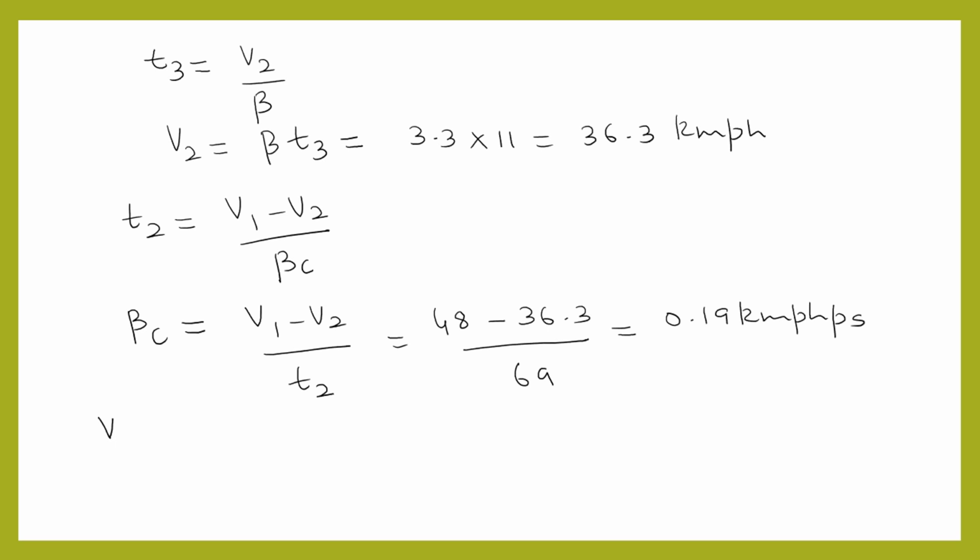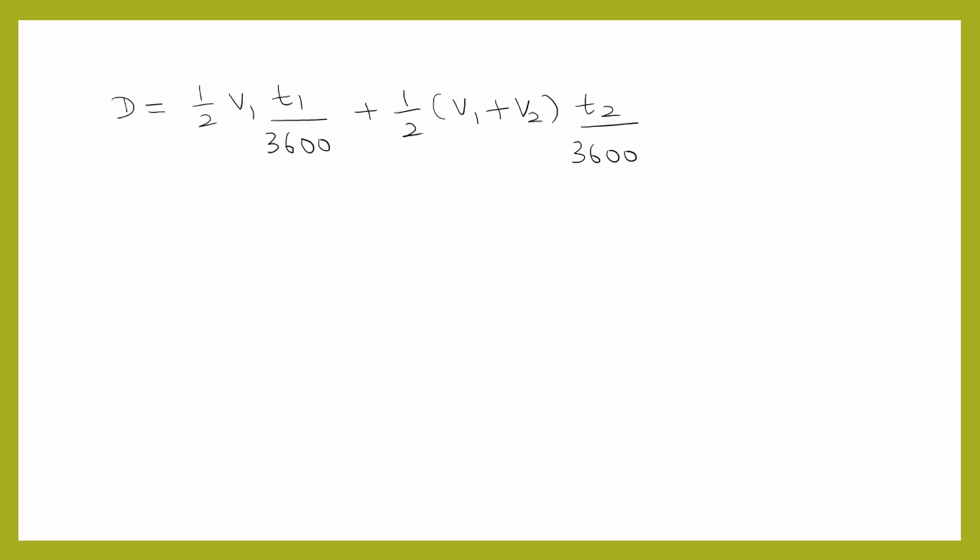Next, we have the schedule speed Vs equal to 3600 d by t plus ts. The total distance traveled during the run d is equal to half V1 T1 by 3600 plus half (V1 plus V2) into T2 by 3600 plus half V2 T3 by 3600.